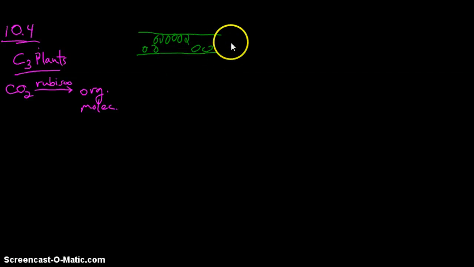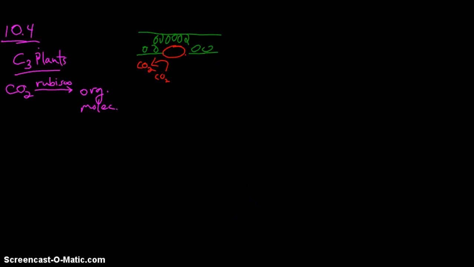If it is a particularly hot and dry day, then there will be instances when the stomata that allow gases to flow, carbon dioxide to flow in, oxygen to flow out, will close completely or partially, and that will prevent gases like CO2 from being able to enter. Now, CO2 is the molecule needed to make those sugars. So what will happen is gas concentrations within the chloroplast will drop.